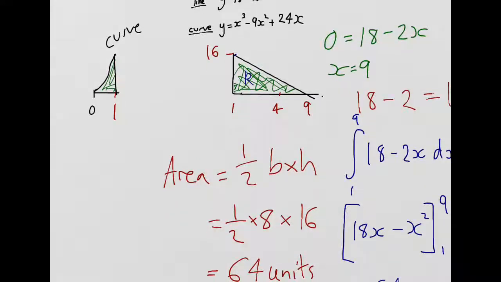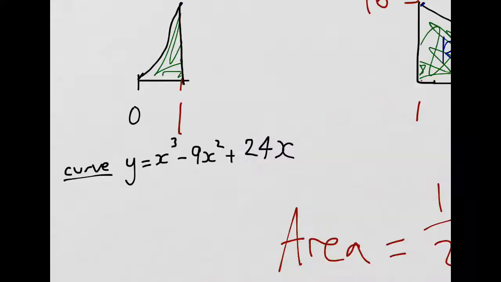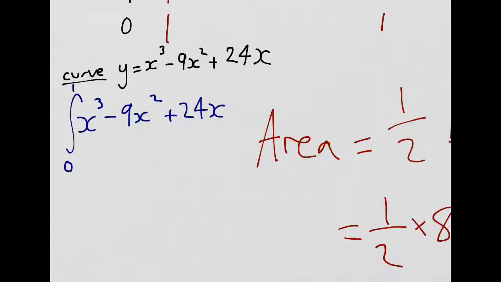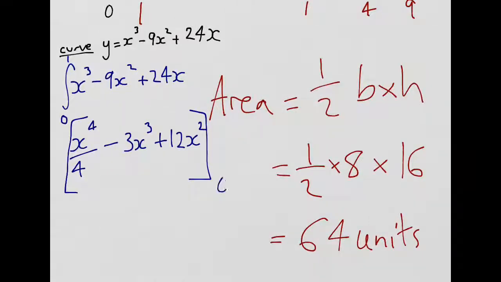Okay, so we've just got to add that area to the area of that weird curvy bit. Now the way we're going to do that is going to be to integrate the curve between 0 and 1. Okay, so we'll set up our integral. There we go. Now we can just do the integration. So we'll get x to the power 4 over 4 minus 3x cubed plus 12x squared. So now we've just got to put our limits in. So limits are going to be from 0 to 1.